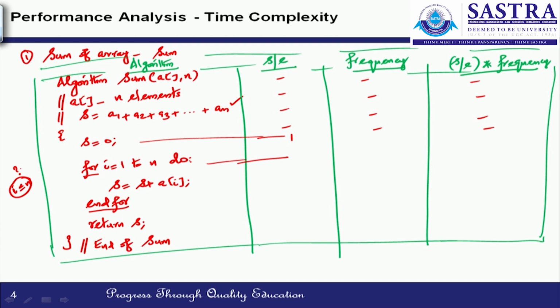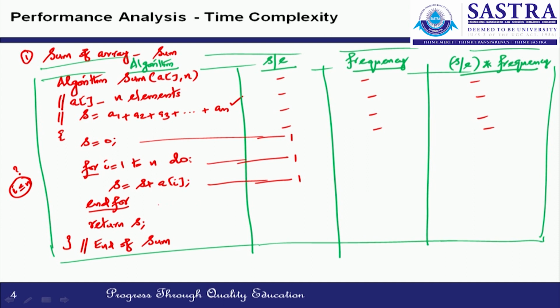So, checking if I less than or equal to n is taken as one step per execution. So, step per execution value is 1. Then S equal to S plus A of I, a simple assignment statement. This results in a count increment of 1. So, step per execution is 1.